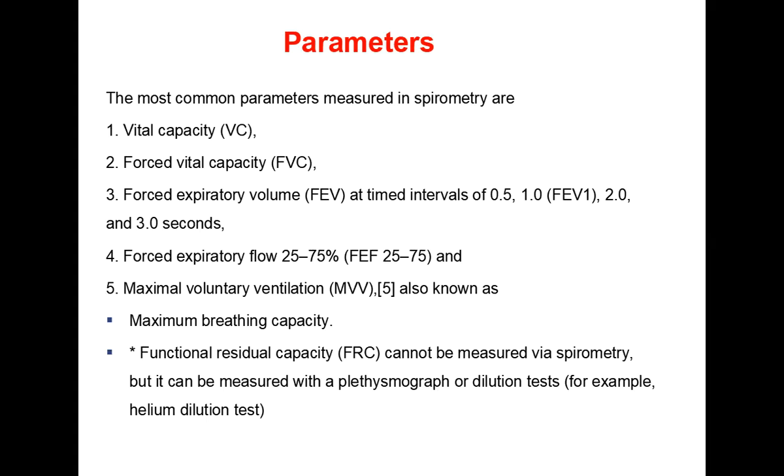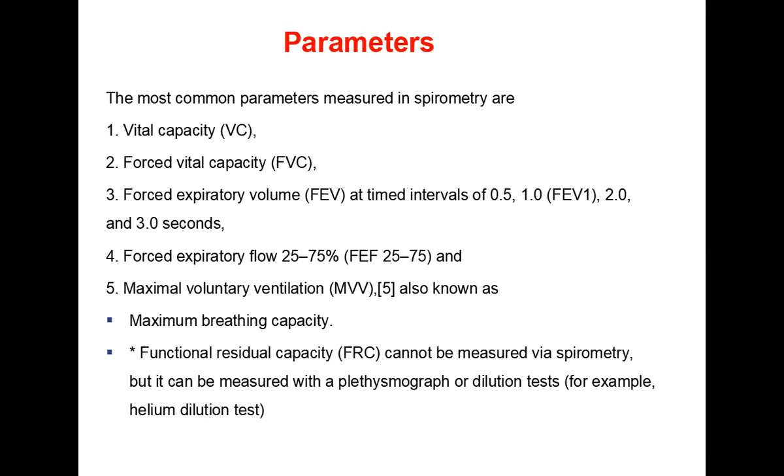The maximum voluntary ventilation is also known as the maximum breathing capacity. The functional residual capacity cannot be measured via spirometry, but it can be measured with a plethysmograph or dilution test.